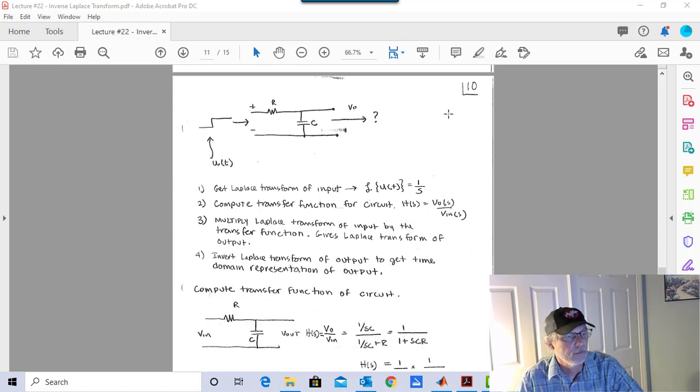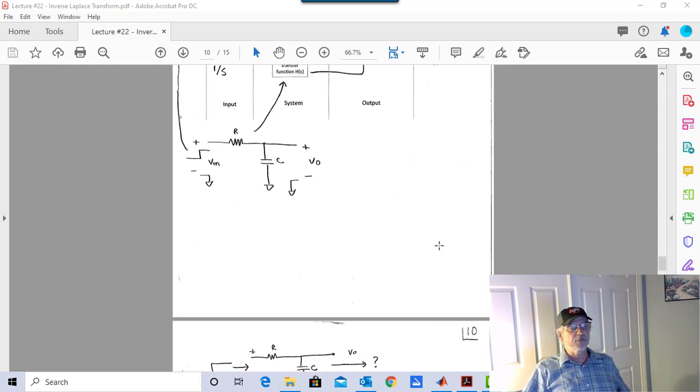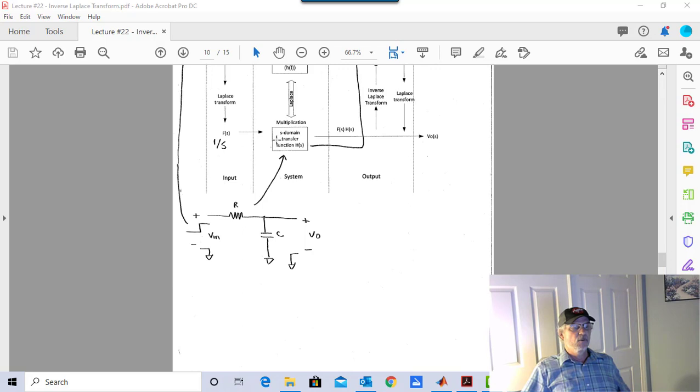Let's do it. So our strategy is going to be, we're going to get the Laplace transform of our input. It's 1 over s. It's an easy one right out of the table. We are going to compute the transfer function for the circuit, Vo(s) divided by Vin(s). That's right here.